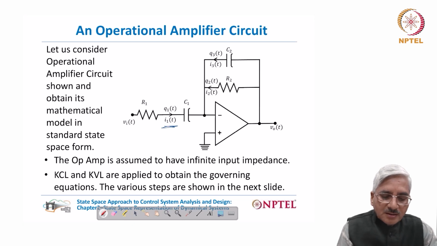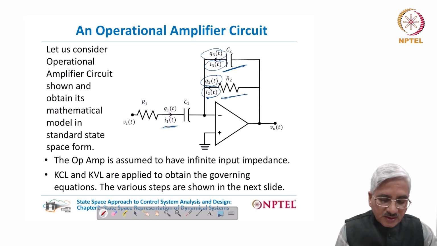The feedback branch consists of a parallel interconnection of this resistance R2 and this capacitance C2. The respective branch currents are I2 and the charge is Q2. The current in capacitance is I3 and the charge is Q3. So we are going to develop the mathematical equations and express them into the standard form.